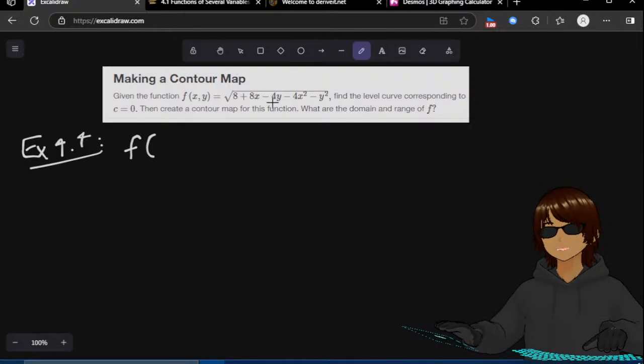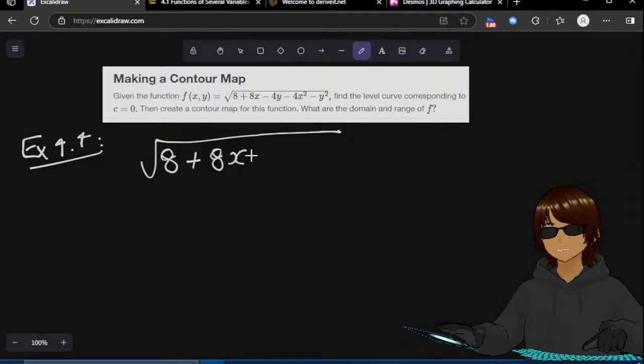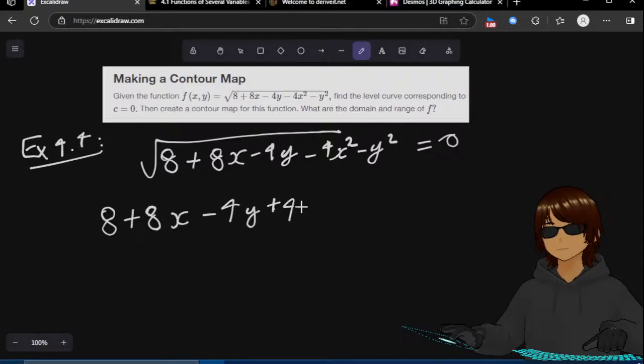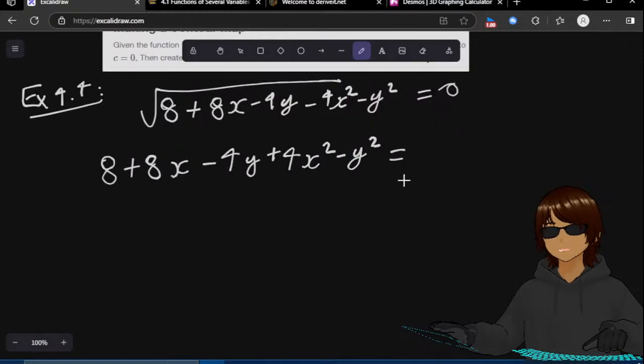So f of x, y is all this, and then they're equating it to c. 8 plus 8x minus 4y minus 4x squared plus y squared is 0. We square both sides. We are left with this. Now what?